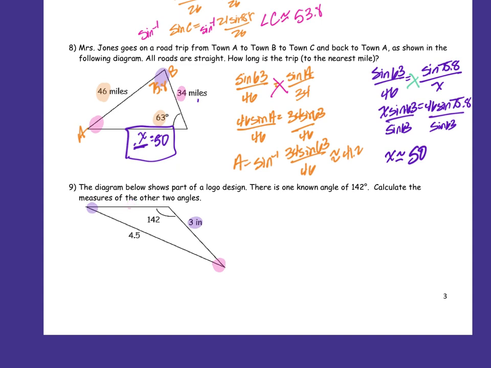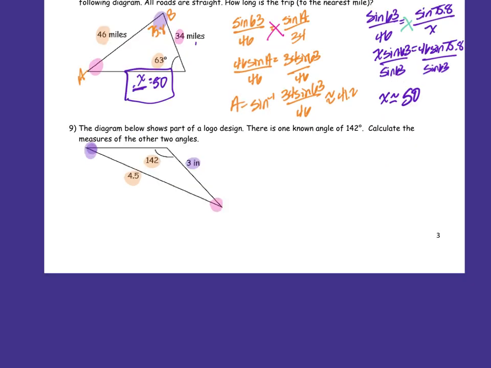Because once you find this angle right here, you'll be able to find the other angle. And then you've got this side and this angle and that side. Go.